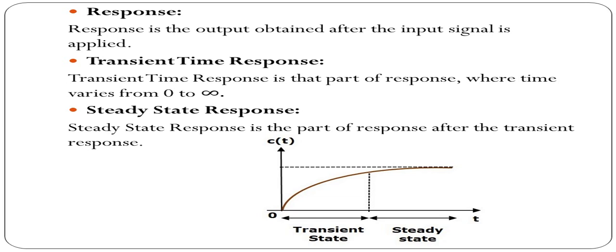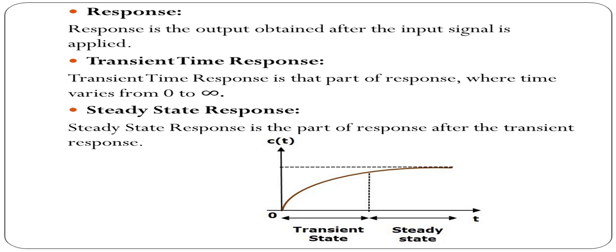Next definition is transient time response. The transient time response is that part of response where time varies from 0 to infinity. Then steady state response.